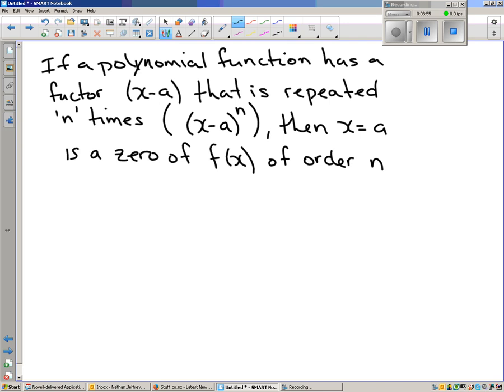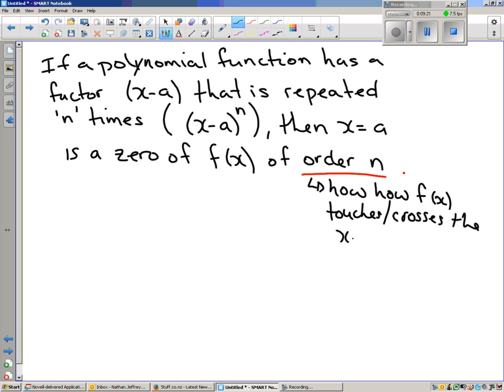Okay, so here's some technical language for you that you'll see in your textbook. Just so we have it written down here, order is going to kind of refer to how our function f of x touches or crosses the x-axis.